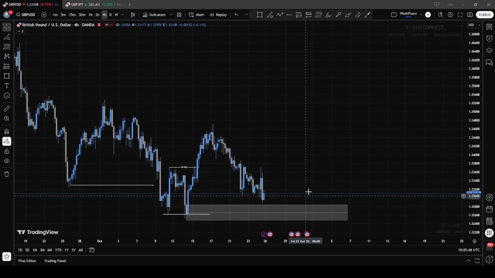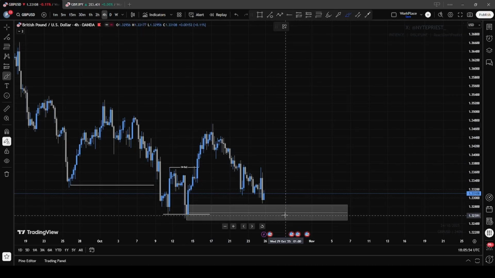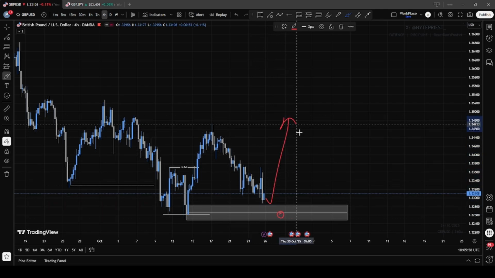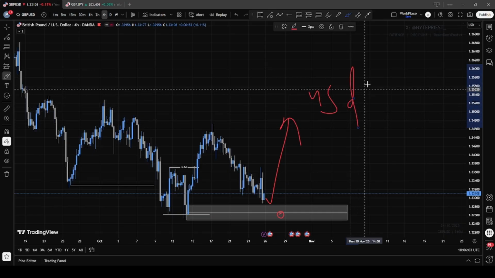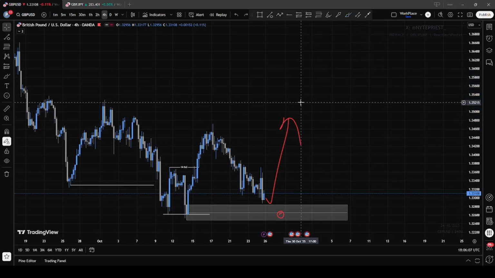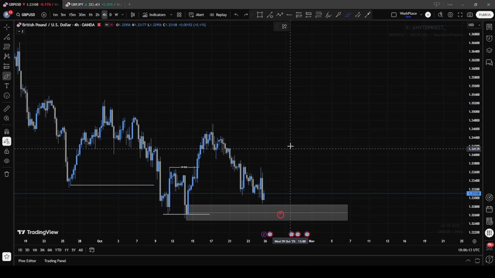So I'll be waiting for price to tap this order block, and then we'll be going upside, because the US dollar is bearish. Fundamentally, the US dollar is not bearish, but according to macroeconomic news, we had a weak currency.